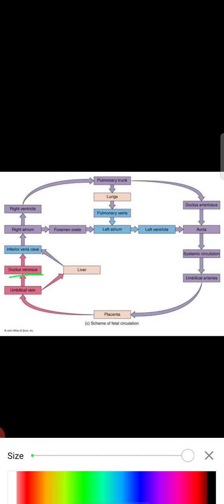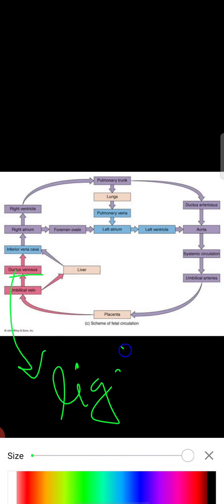The ductus venosum changes at birth into the fibrous ligamentum venosum.